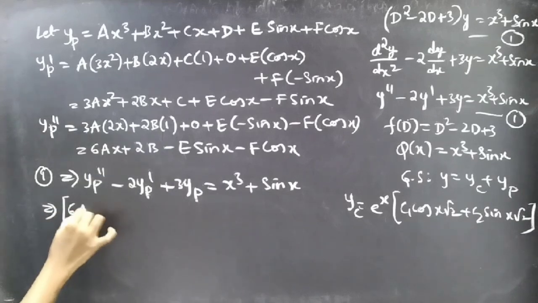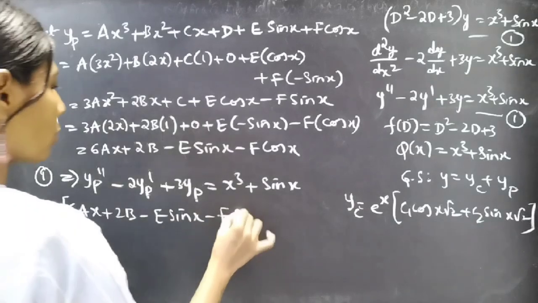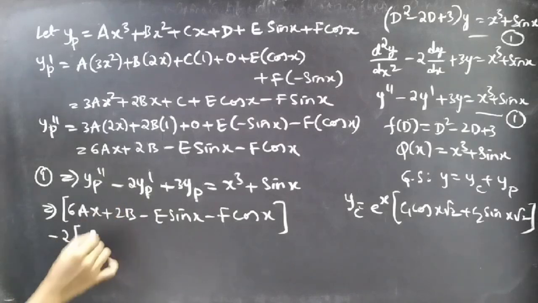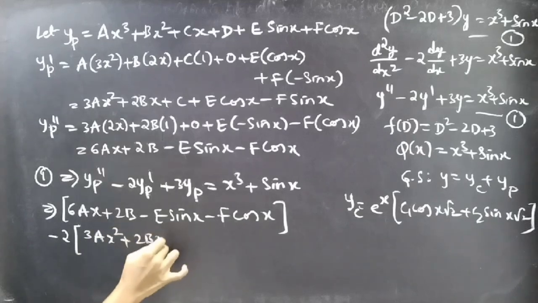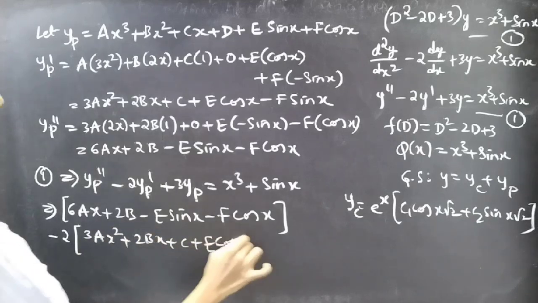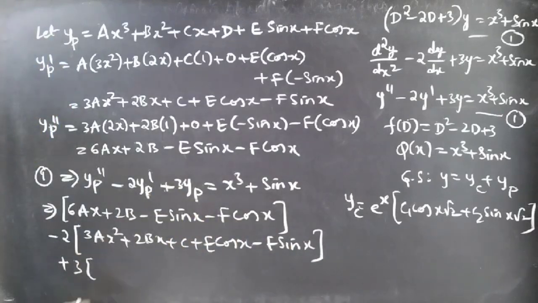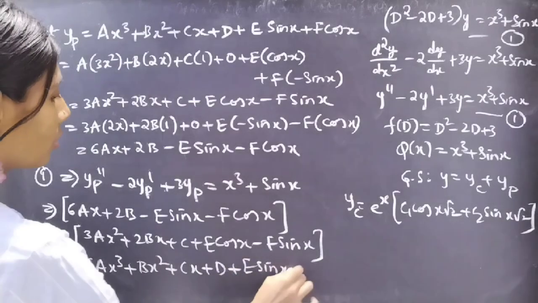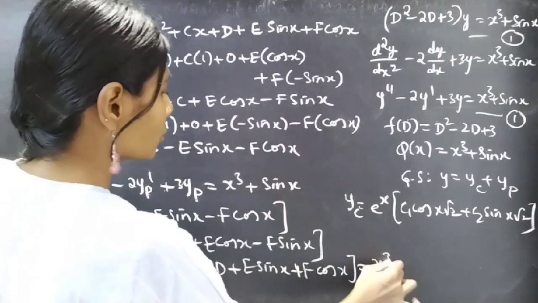You'll get 6ax plus 2b minus e sin x minus f cos x, minus 2 times yp dash, which is 3ax square plus 2bx plus c plus e cos x minus f sin x, plus 3 times yp, which is ax cube plus bx square plus cx plus d plus e sin x plus f cos x, equal to the RHS part, that is x cube plus sin x.